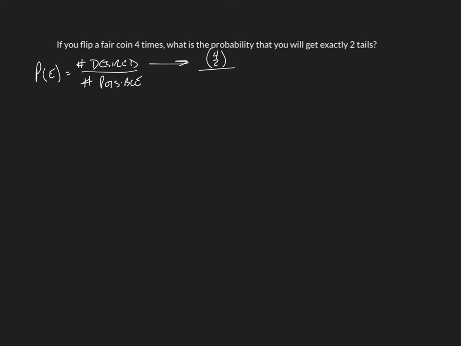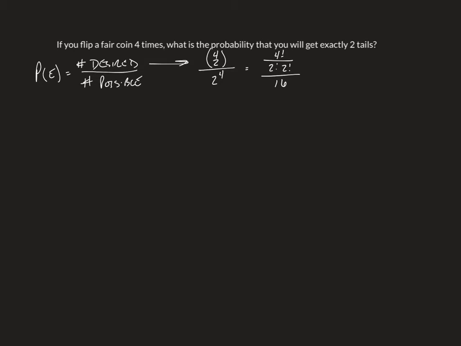Every time you flip a fair coin, there are 2 things that can happen. So the number of possibilities is 2 times the number of possibilities on the second flip times the number of possibilities on the third and the fourth flip. So you end up just multiplying 2 by itself 4 times. So when we calculate this, it's going to be 4 factorial divided by 2 factorial divided by 2 factorial over 16, because 2 to the 4th is 16.